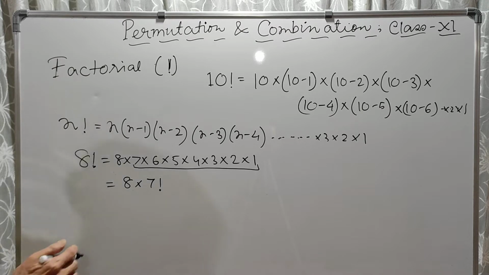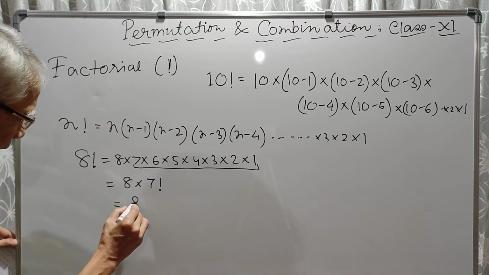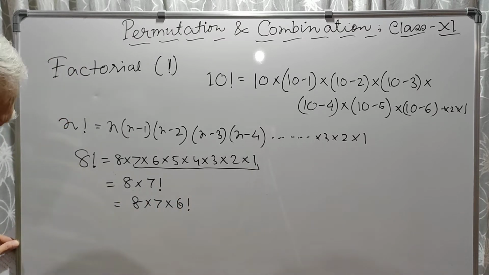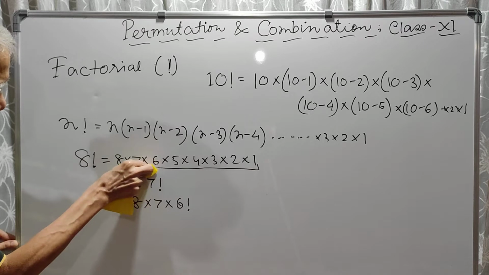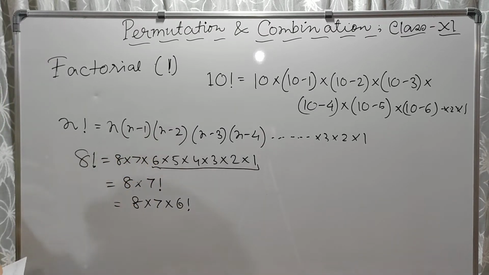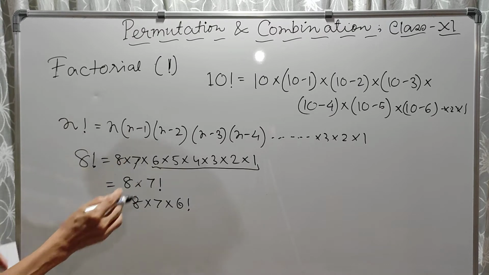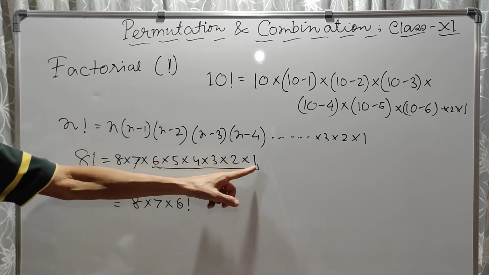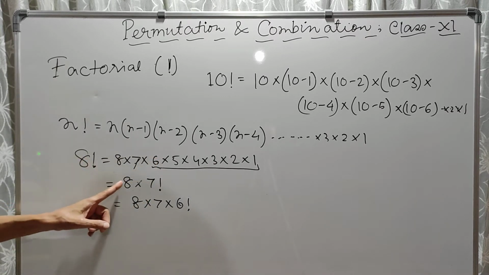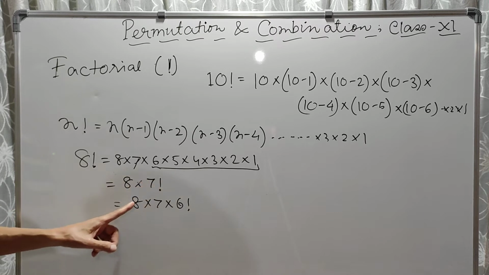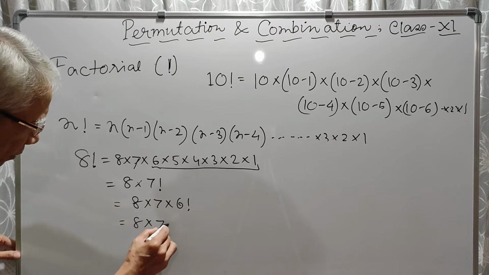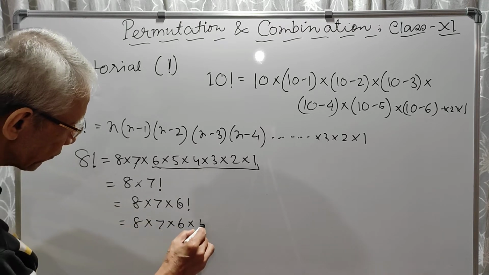Now it can also be 8 into 7 into 6 factorial. Consider up to here: 8 into 7 into this part. Isn't this part factorial 6? So 8 factorial can be written as 8 into 7 factorial, or 8 into 7 into 6 factorial, or 8 into 7 into 6 into 5 factorial.